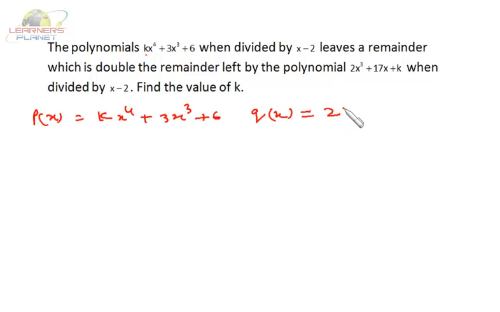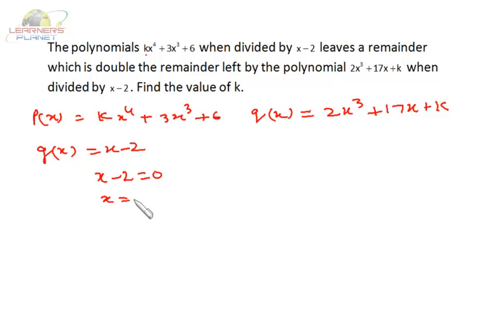So, q(x) is equal to 2x³ + 17x + k, and we have to divide these polynomials by x − 2. Let's assume it to be g(x). Now what is the first step? Equate g(x) to 0 and get the value of x. So x − 2 is 0, that means x is equal to 2. Now what will be the remainder if p(x) is divided by g(x)? That is p(2). Okay, so let's calculate p(2).